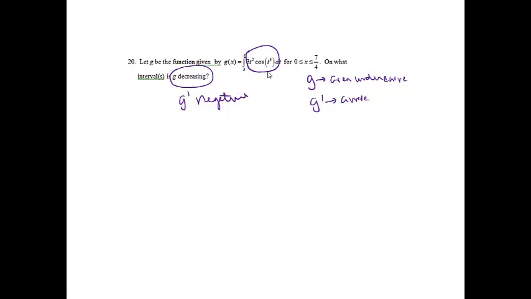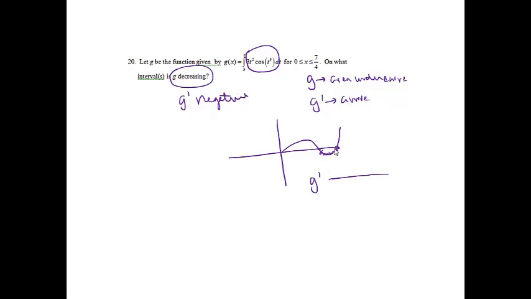Okay, if you graph this curve and have this be your x-min and x-max, this is what your graph is going to look like. Something like that. And then we just need to find out where this curve is negative. So this curve would be negative right here. So I'm just going to make myself a g prime chart.